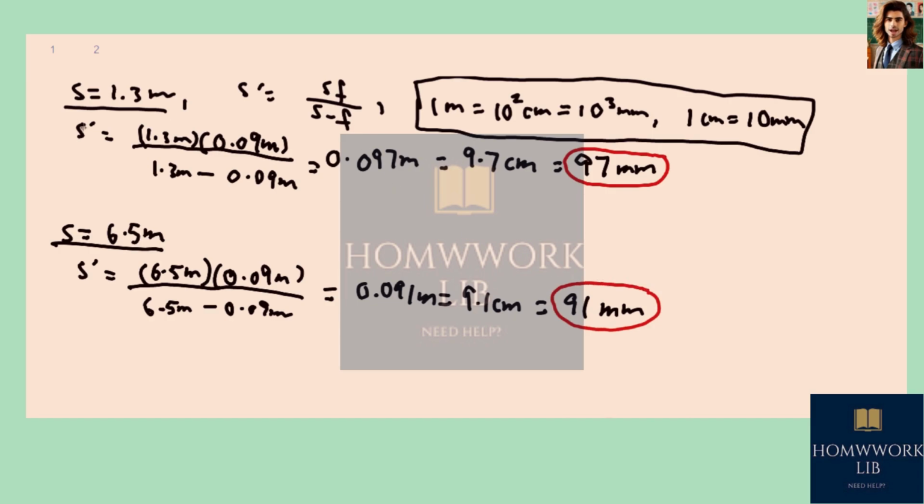What's happening here is that when the object is farther away, the image is closer to the lens, and when the object is closer to the lens, the image is farther away. So when you compare the two, which is what they asked us to do, we find that when the object is farther away, the image is closer, or the sensor is closer to the lens, because for the camera to be in focus, as we said before, the sensor needs to be where the image is formed.